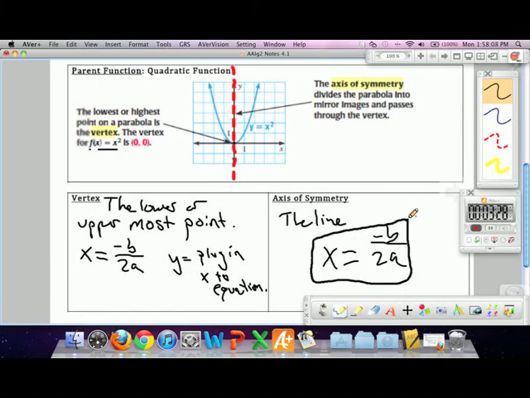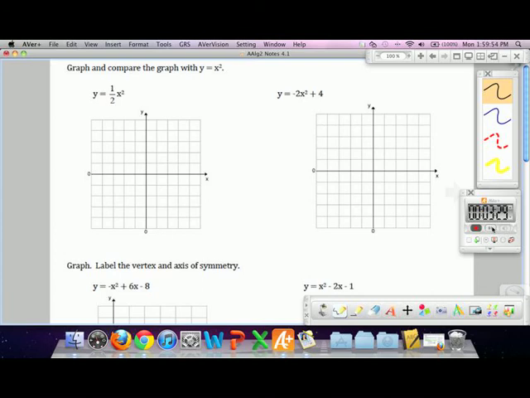So for example, if I throw you this little graph here, we could do a quick sketch of this and do a comparison. Since we have a parent function, if you recall from a previous chapter, we asked you to compare functions to their parent, like slides, shifts, stretches, reflections. The same thing can be applied to parabolas.